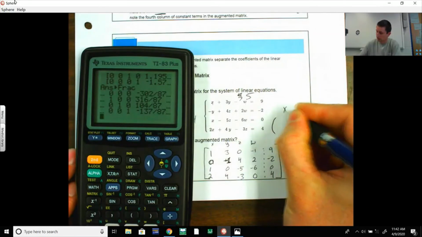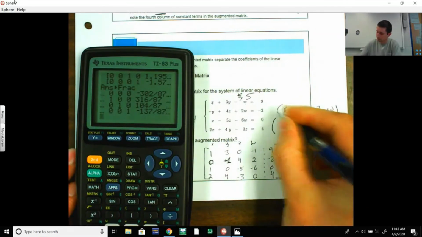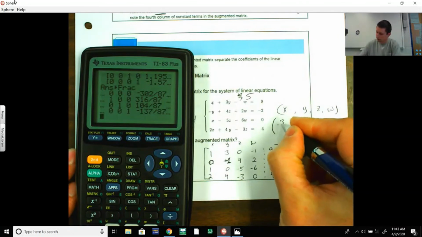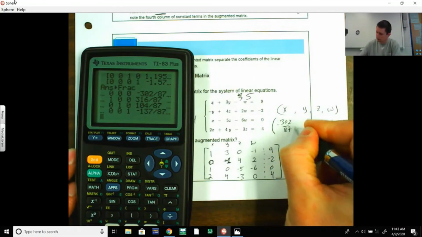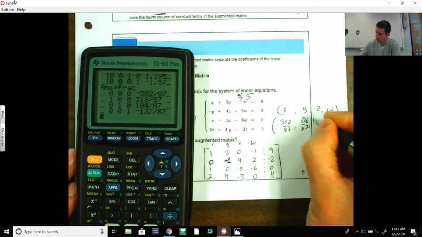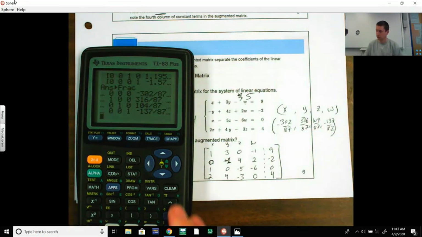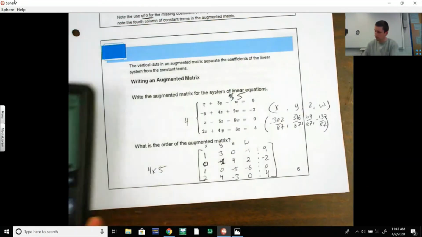So we'd go x, y, z, w. So you go negative 302 over 87, 316 over 87, 104 over 87, and negative 137 over 87. Okay, and those would be your solutions. Those are your answers, all on the calculator.